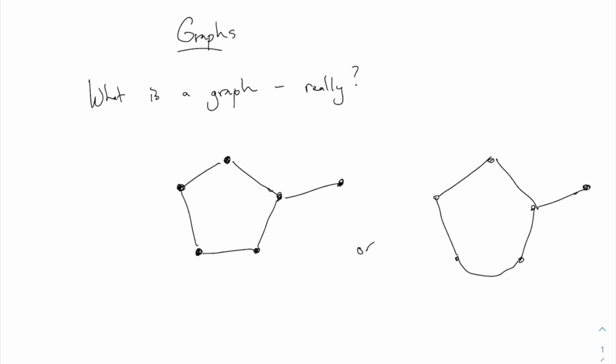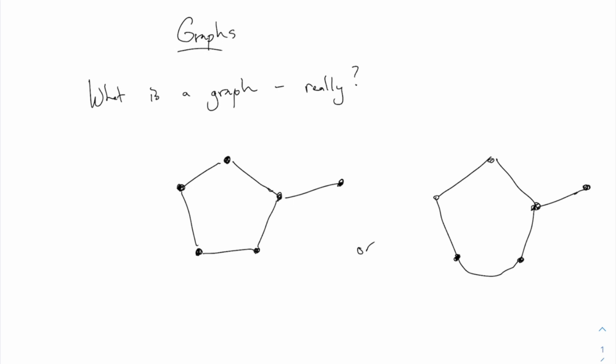Are those the same graph, or are they two different graphs? Now, if you believe that the graph really is a picture, then you would say those are two different graphs because they're two different pictures, right? The one on the right has a curvy line on the bottom, whereas the one on the left has a straight line on the bottom.